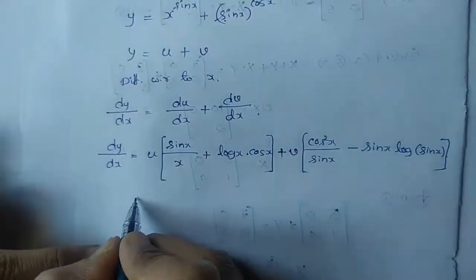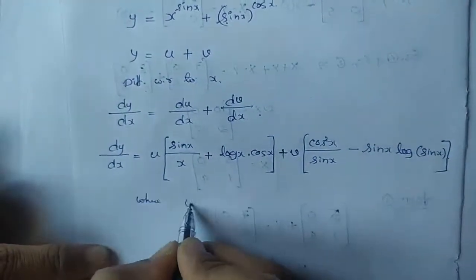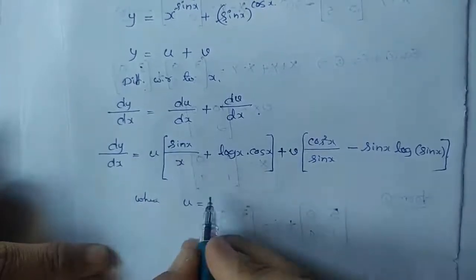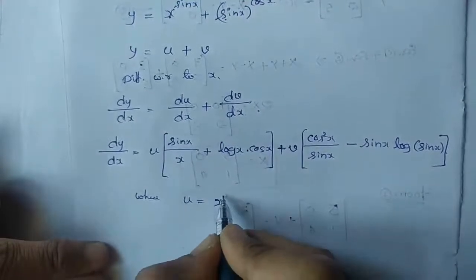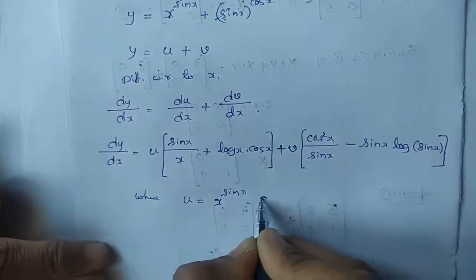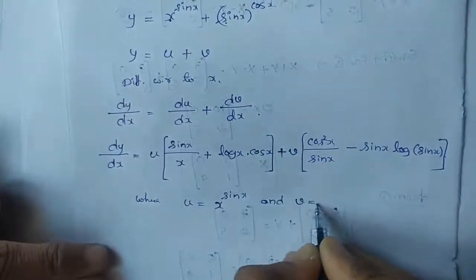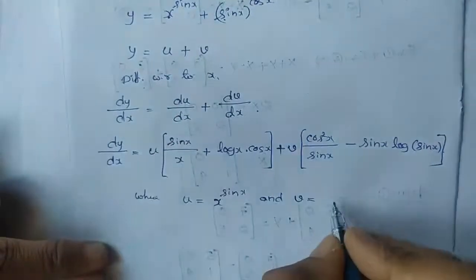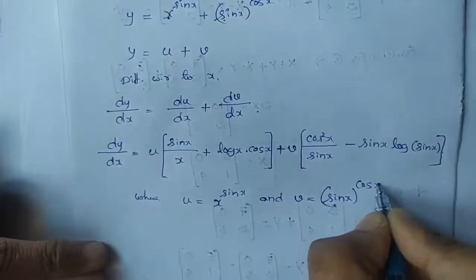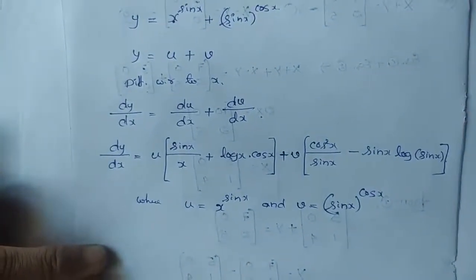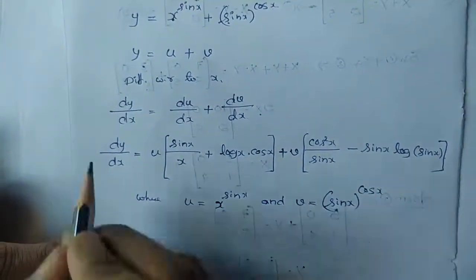So here u is x power sin x, and v is sin x whole power cos x. Hence it is the solution for this given question.